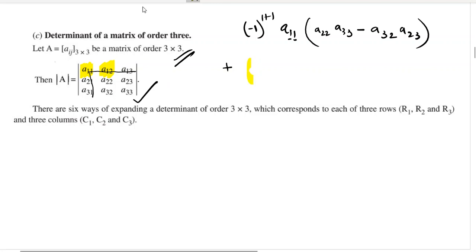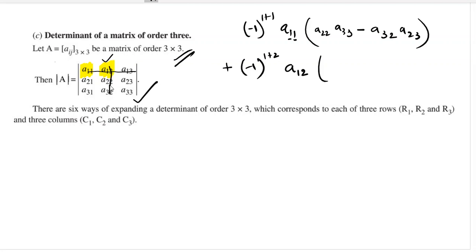So I'm going to write here minus 1 raised to 1 plus 2 and then A12, and then I will delete the first row and the second column. Second column, why? Because I have selected a term from the second column itself.